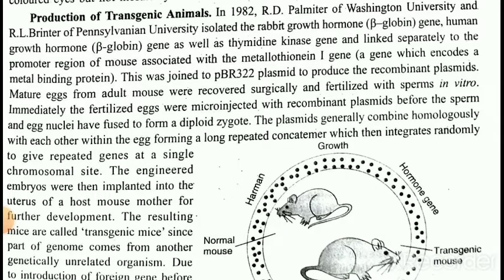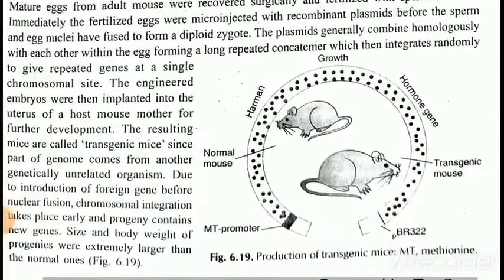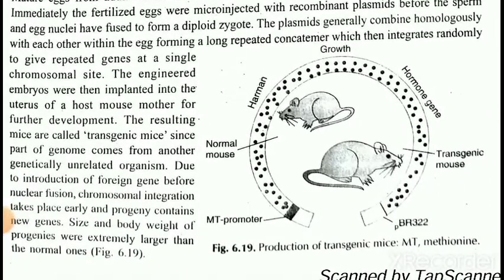Mature eggs from adult mouse were recovered surgically and fertilized with sperms in vitro. Immediately the fertilized eggs were microinjected with recombinant plasmids before the sperm and egg nuclei had fused to form a diploid zygote. The plasmids generally combine homologously with each other within the egg, forming a long repeated concatemer, which then integrates randomly to give repeated genes at a single chromosomal site.